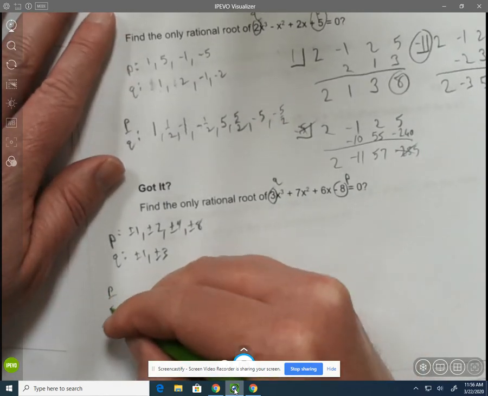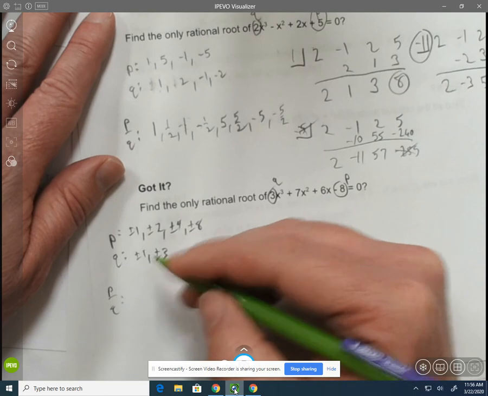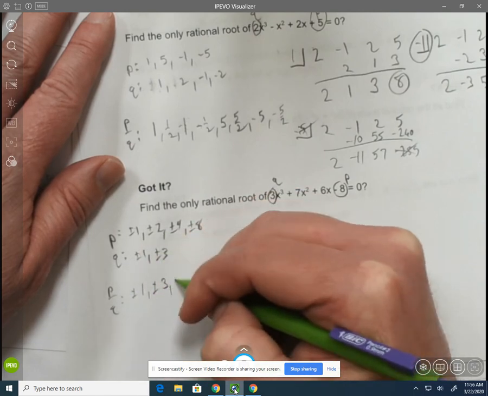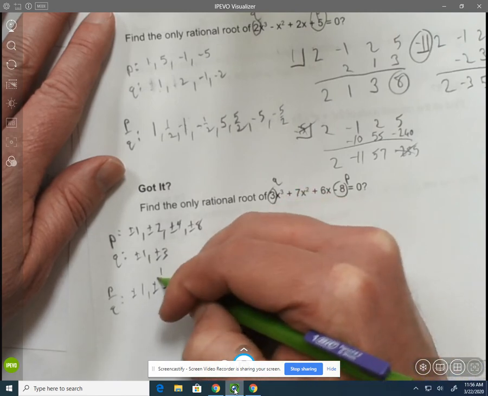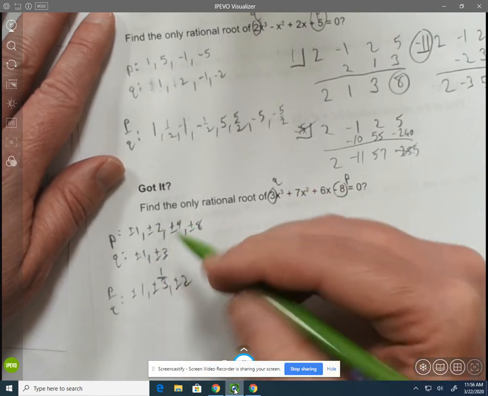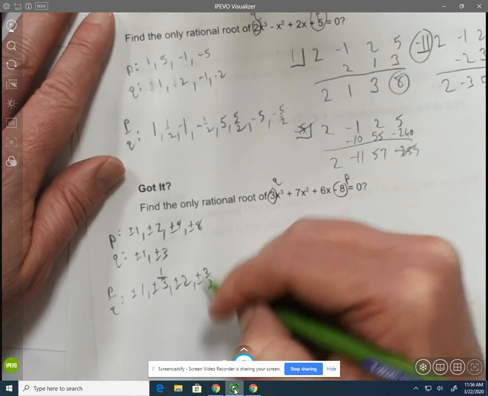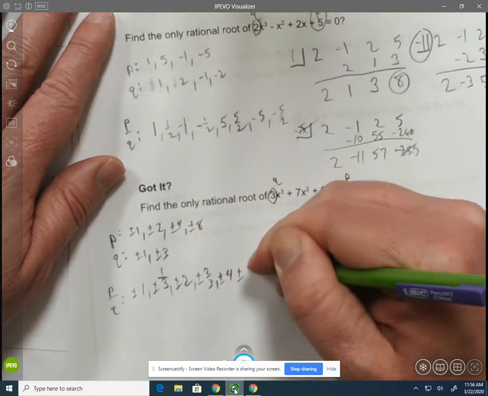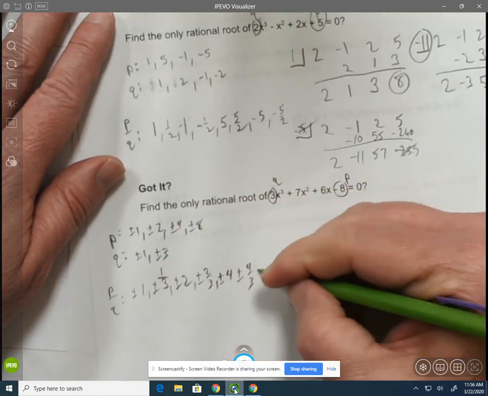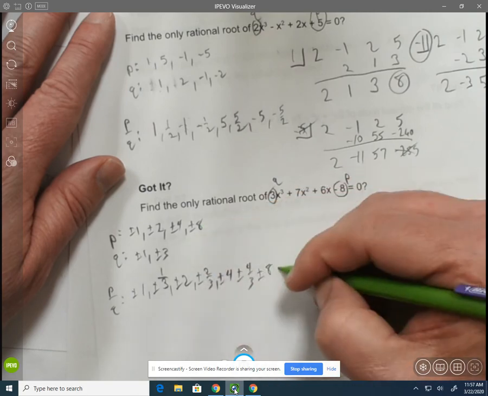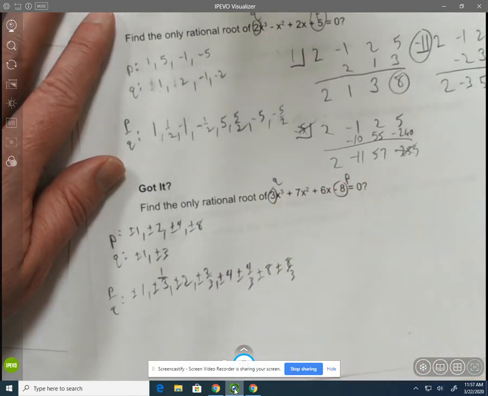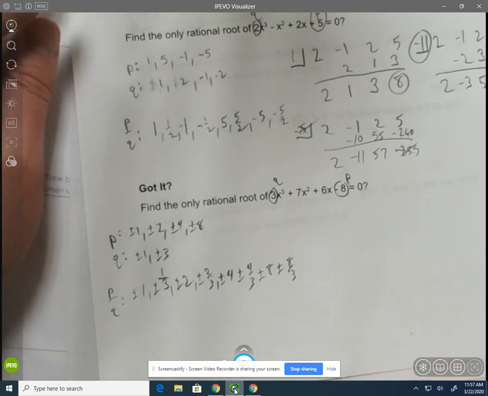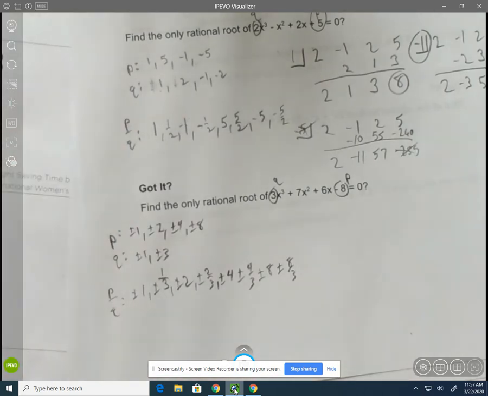So here's my possibilities for P over Q. I can do 1 over 1, 1 over 3, 2 over 1 or 2 over 3, 4 over 1 or 4 over 3, and 8 over 1 or 8 over 3. Holy cow. So here's my list, and we just have to keep going until we find the one that works.